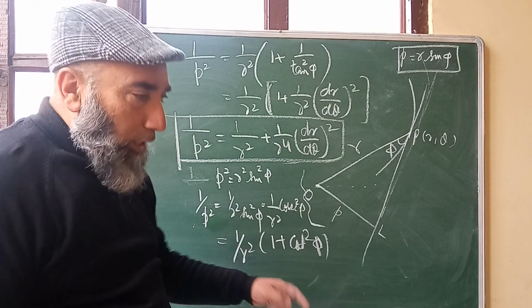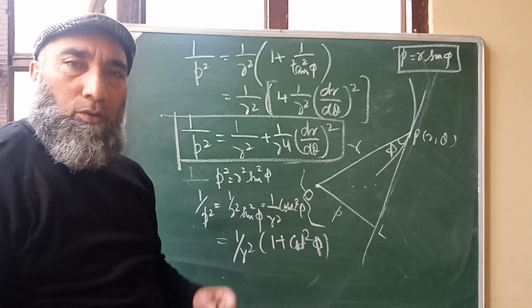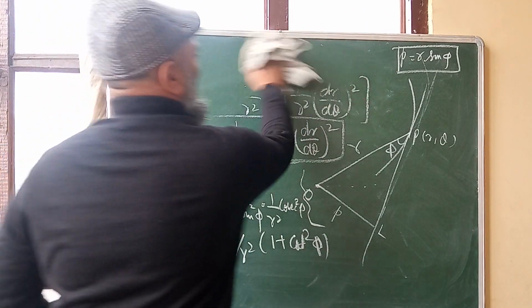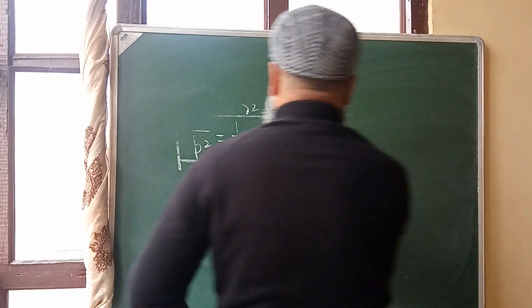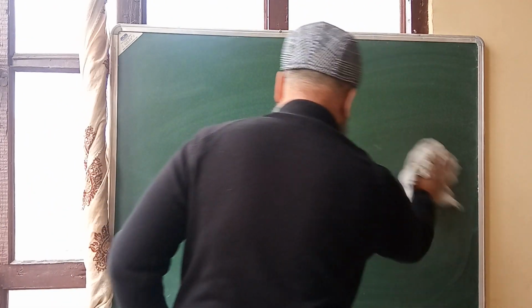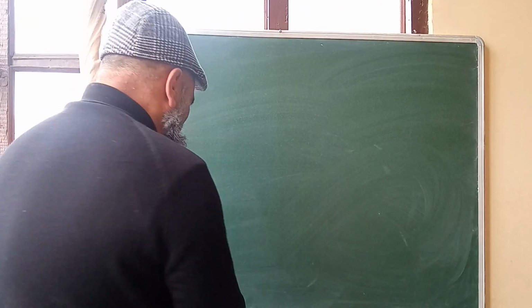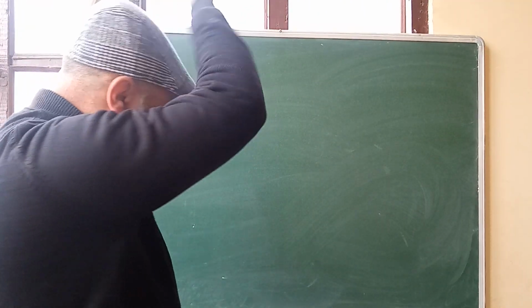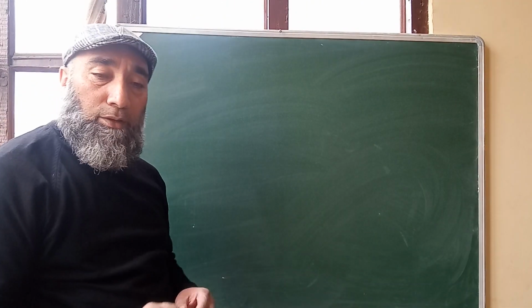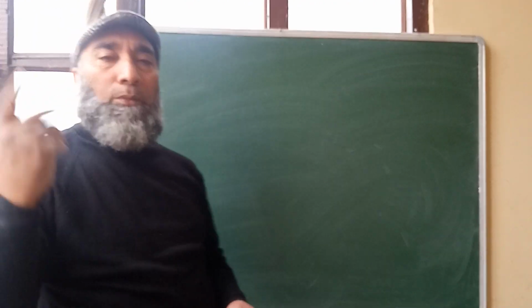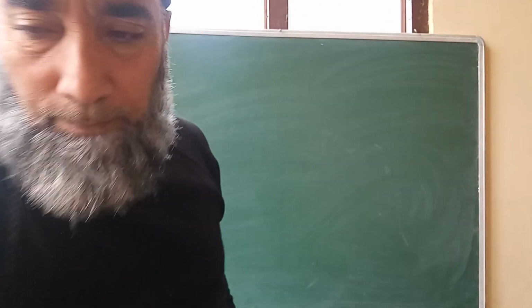So let me now come to the questions. Now the question is, I have to find the angle between tangent and radius vector.